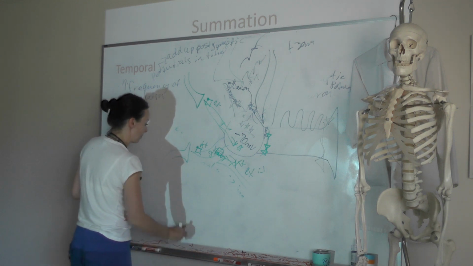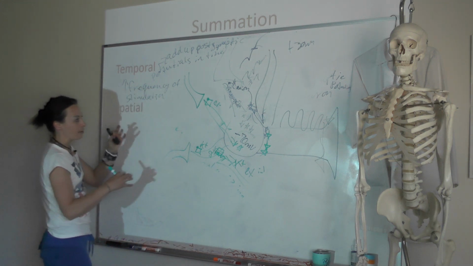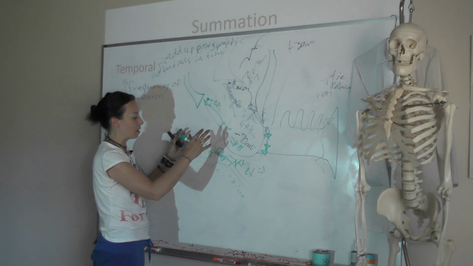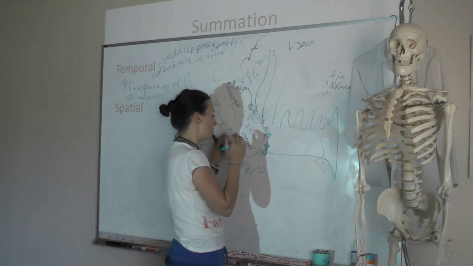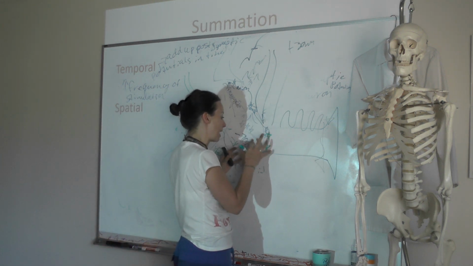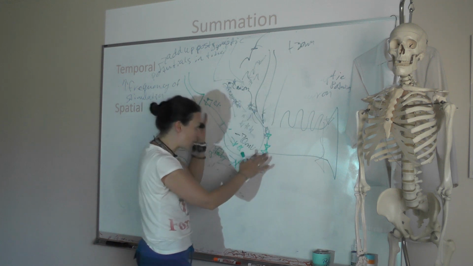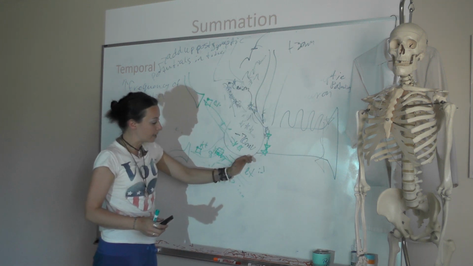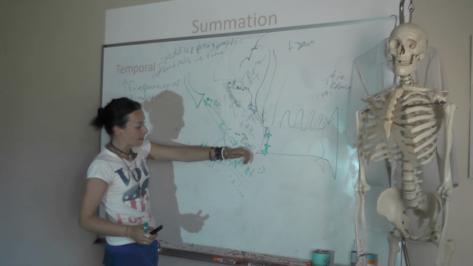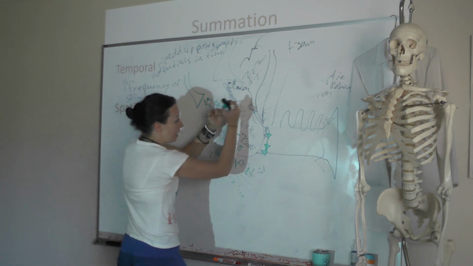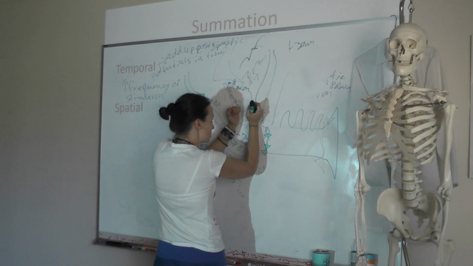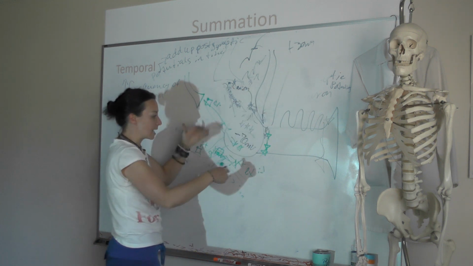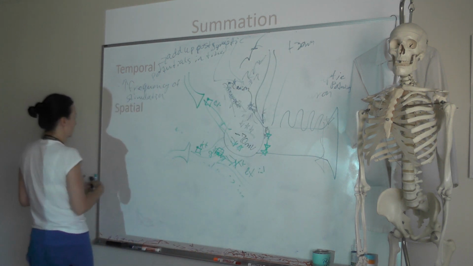This is when I sum up in space. When I have multiple presynaptic neurons stimulating one postsynaptic neuron, this postsynaptic neuron has to sum all that up over space and say, okay, I've got one inhibitory postsynaptic potential occurring here, and two excitatory postsynaptic potentials occurring here. Is that going to be enough to overcome it? Well, we've got to figure that out.